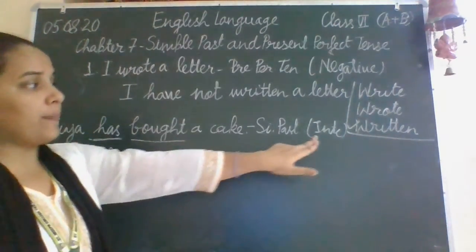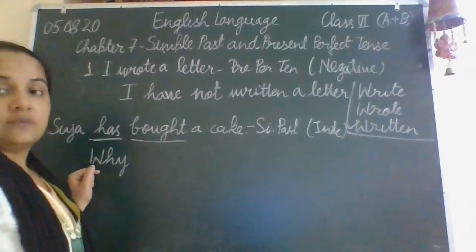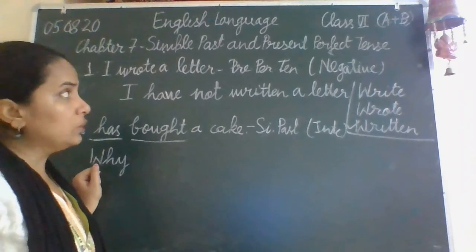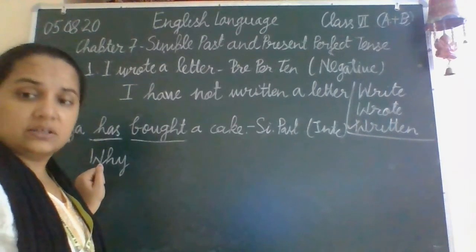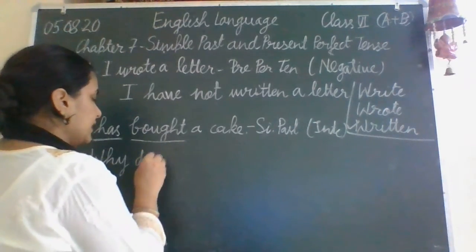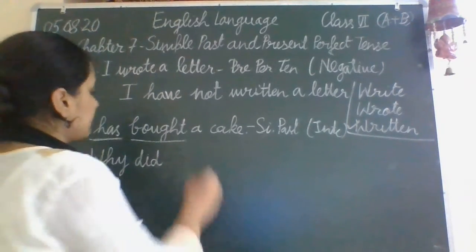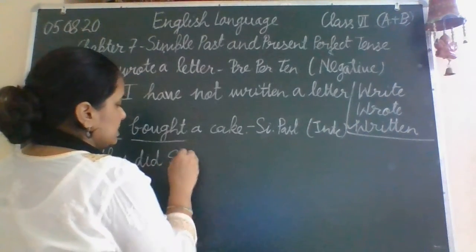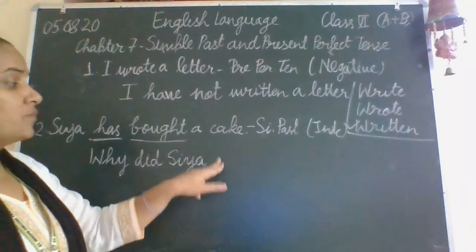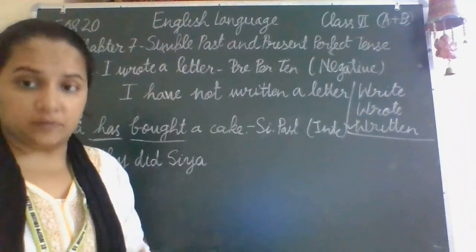Now, in the simple past interrogative sentence, after the question word, we will put the helping verb. And what is the helping verb that we used in the simple past tense? It is did. So, why did? Then comes the subject. The subject is Sia. Why did Sia? Now we have to put here the verb, and that too the first form of the verb.